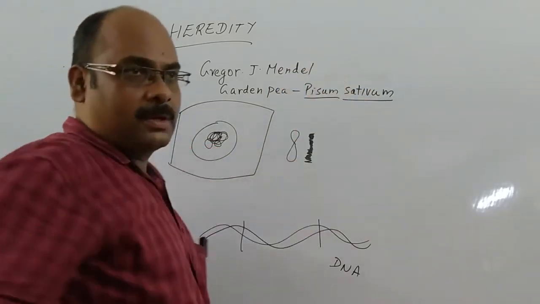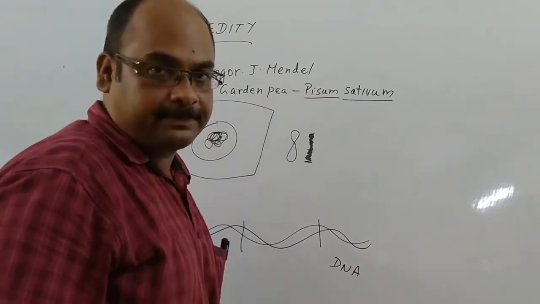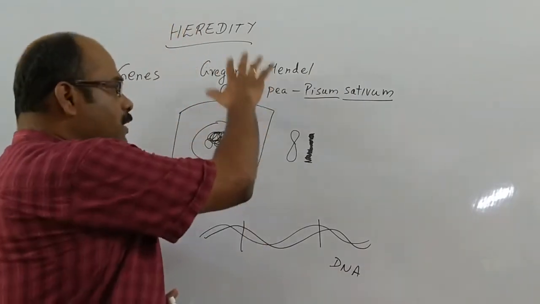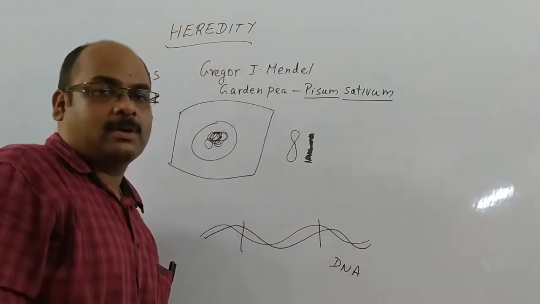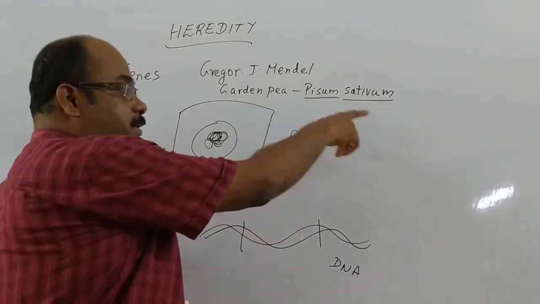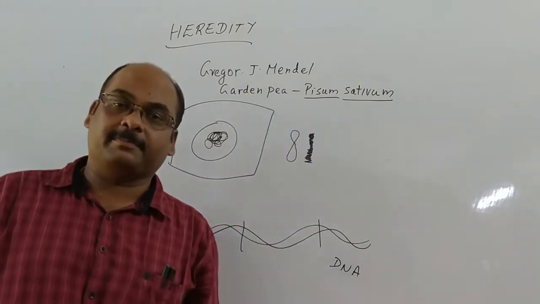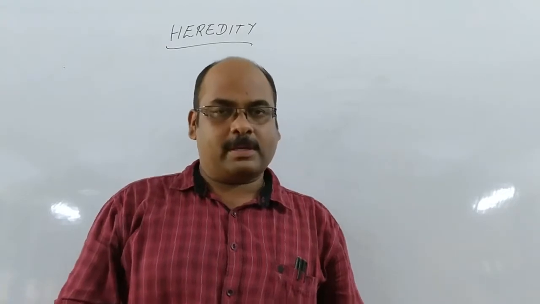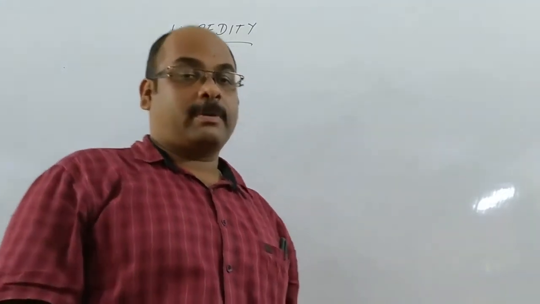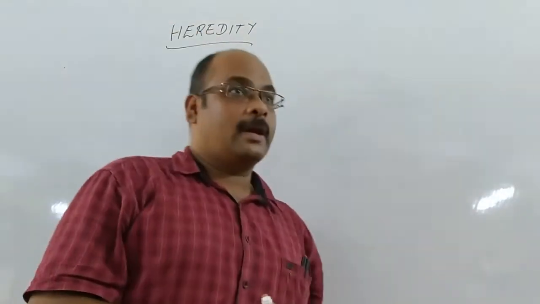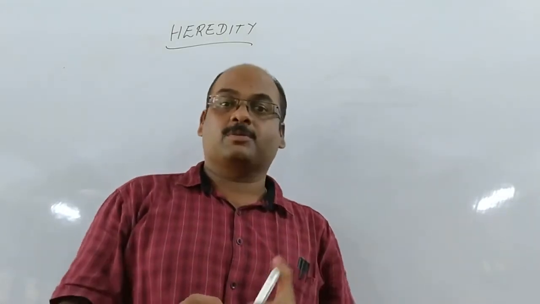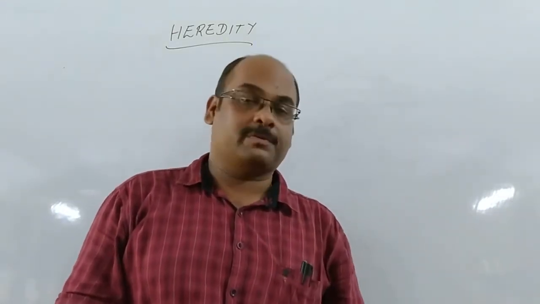We have to follow the rules of binomial nomenclature. So Gregor Johann Mendel is known as the father of genetics, and he did experiments on Pisum sativum and found out how the genes transfer from parents to offsprings.